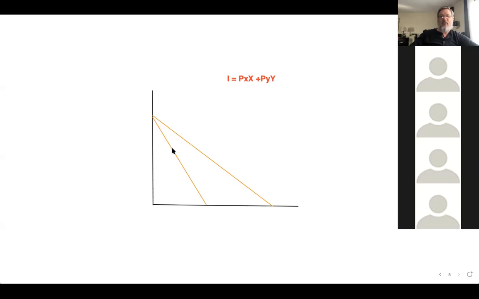So a price decreasing would be a rotation outward because now more X becomes affordable, right? As we decrease the price of X, holding income constant. If your income is $3,000 and I lower the price of tacos from $5 a taco to $2 a taco, you can afford more tacos, right? So that's how our graph would change. Obviously, if I increase the price of tacos, we would have exactly the opposite situation. You'd have a rotation inward of the budget line.